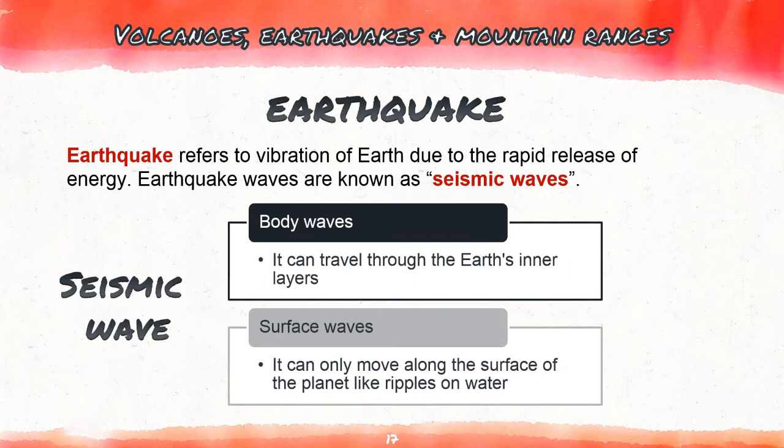The body waves can travel through the Earth's inner layers, the mantle and the core, as well as the crust. On the other hand, the surface waves can only move along the surface of the planet, like ripples on the water. Ripples are small waves in the water.